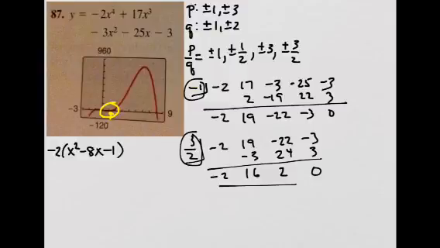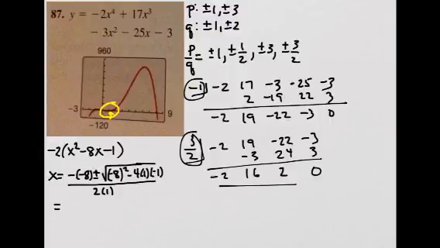So let me just set it up. We have -b plus or minus the square root of b squared minus 4 times a times c, all over 2a. So I get 8 plus or minus the square root of 64 plus 4, because a negative and then a negative over here, that's positive, all over 2.